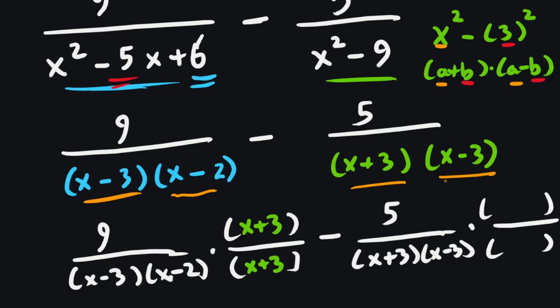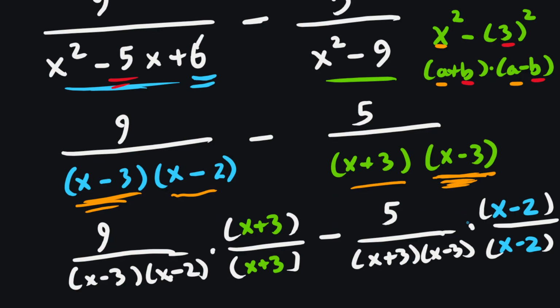What do they share in common? They both have an x minus 3, so there's an x minus 3 in this denominator, and there's an x minus 3 in this denominator. But what does the other denominator have that the green doesn't? Well, in the blue denominator, we have x minus 2. And the green doesn't have x minus 2. So we're going to multiply the top and bottom by x minus 2, since we don't have that in the green.